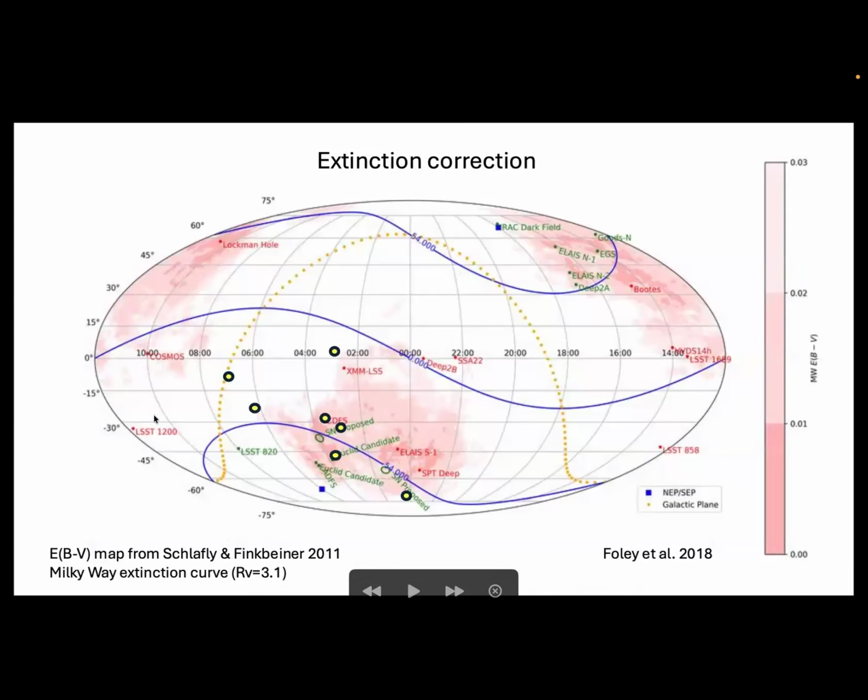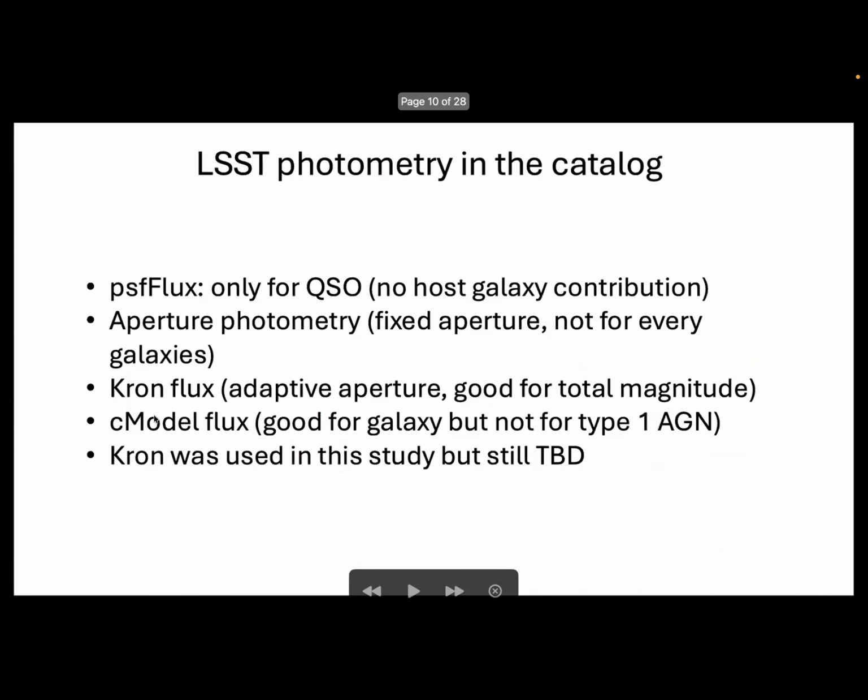Then I have to do the extinction correction based on the reddening map and the Milky Way extinction curves. Some of the DP1 regions are actually in the galactic plane, so the extinction is quite significant. Then I have to worry about the LSST photometry. There are multiple options: PSF flux, aperture photometry, Kron flux, and CModel flux. Each has its pros and cons. PSF flux is only good for the QSO, but not good for a host galaxy with an AGN.